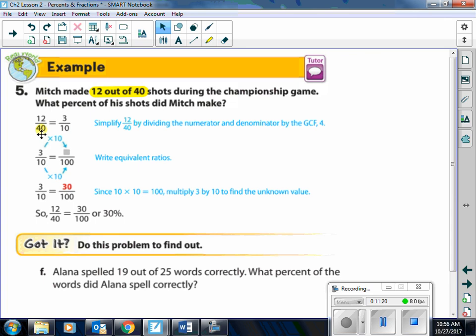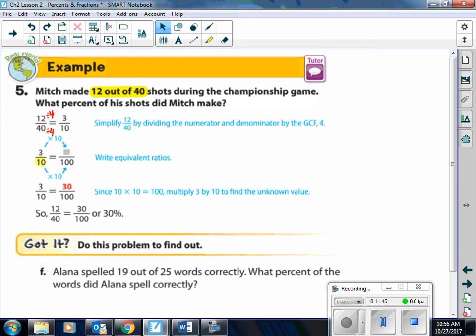So here, we scaled back by dividing by, you see it? 4. We divided by 4 here, and we divided by 4 here. That's the scaling back part. That's the simplifying. So that gives us 3/10.